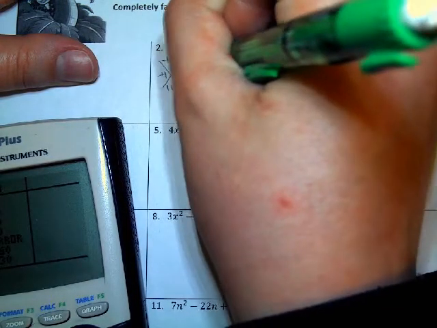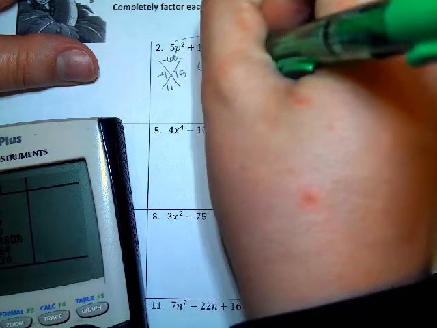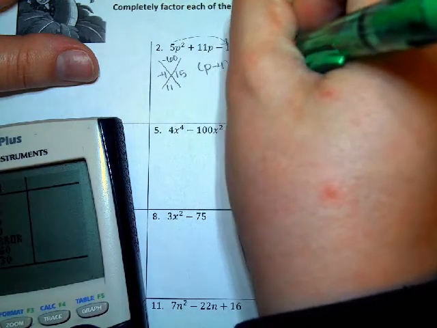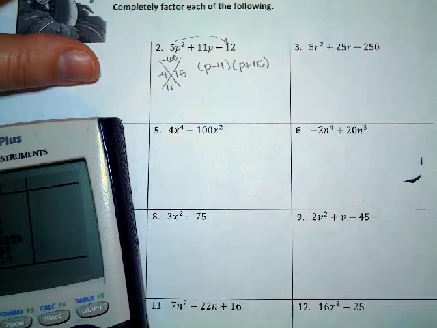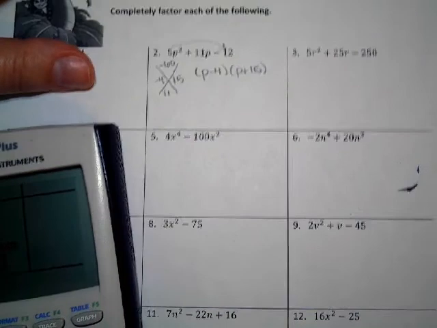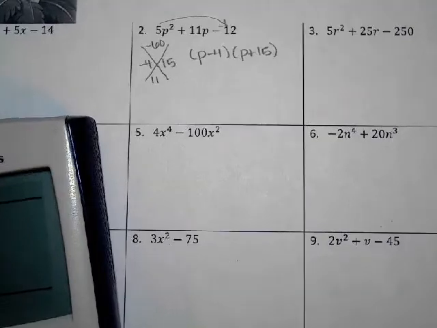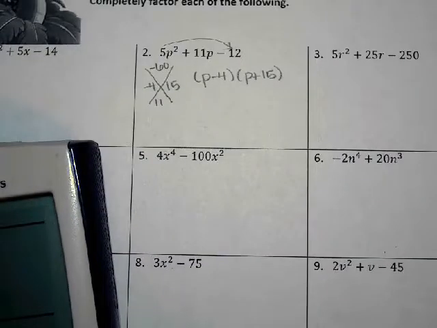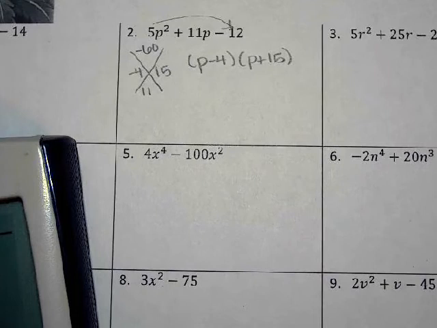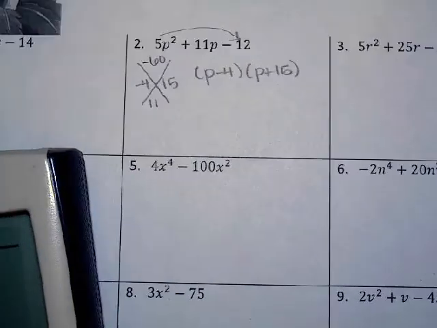So I've got p minus 4 and p plus 15, and I'm not done. That's not the answer. Yep. So I slid the number over, then I have to divide by the number that I slid by. So I slid a 5, so I need to divide by 5.